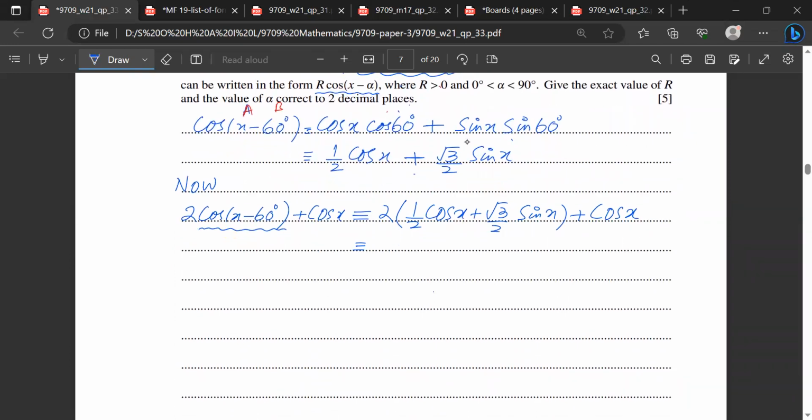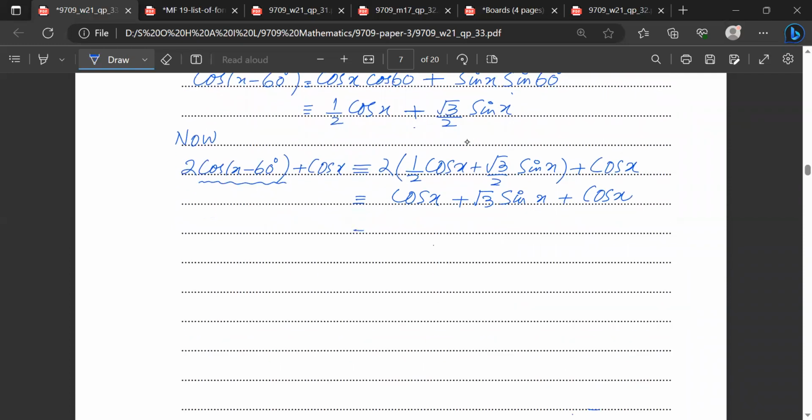Opening the brackets, 2 multiplied by 1 over 2 is just cos x. 2 multiplied by root 3 over 2, the 2s cancel, gives root 3 sine x, plus cos x. Collecting like terms, cos x plus cos x is 2 cos x, plus root 3 sine x.